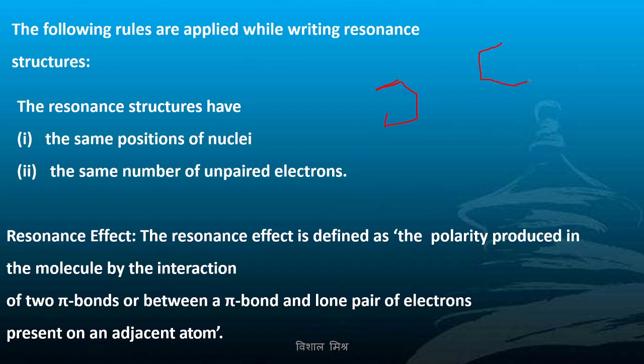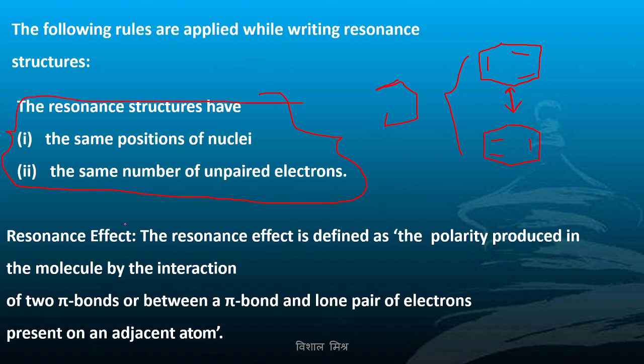If I am writing for benzene, and benzene has six carbons, then the resonance structure will also have six carbons, and the number of double bonds will not change, just the position will change. Here also we have three double bonds. These are the two properties for writing resonance structures, meaning how they are written.